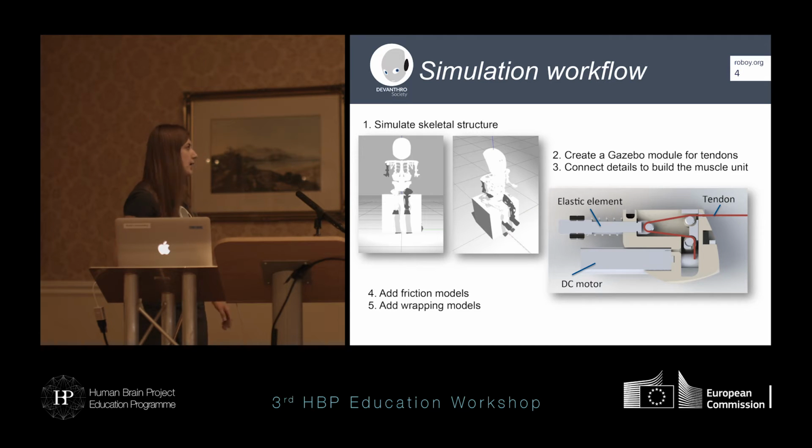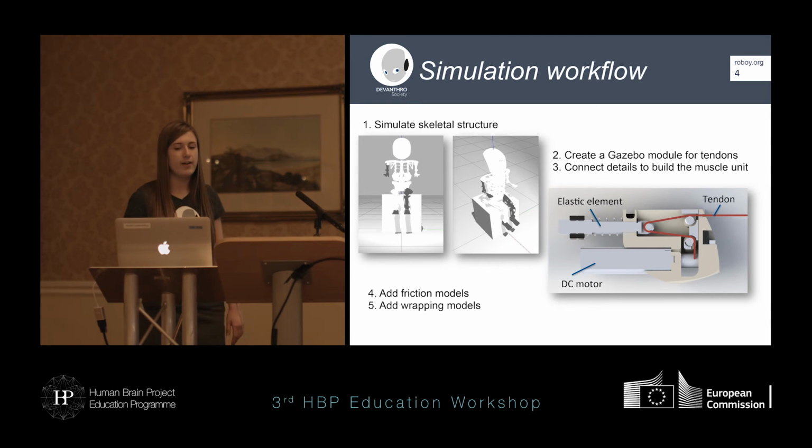It seems not difficult, but Gazebo was built to simulate classical robots only, which are built from kinematic chains of objects connected by joints. And we don't have tendons, we don't have muscles in Gazebo, and for that we needed to write a Gazebo plugin to simulate that, and only then we were able to simulate the exact tendon-driven structure.